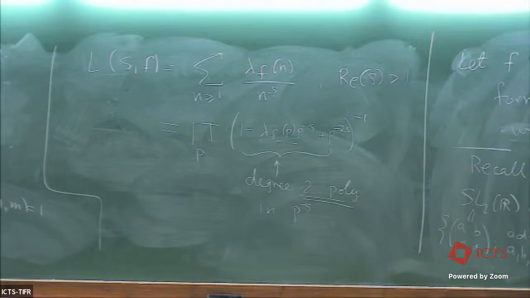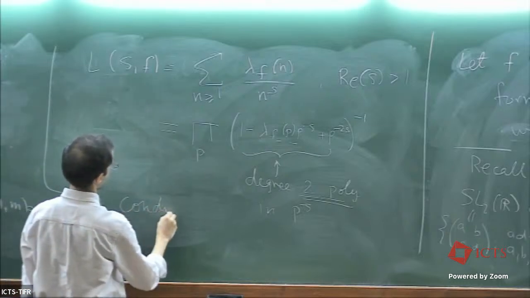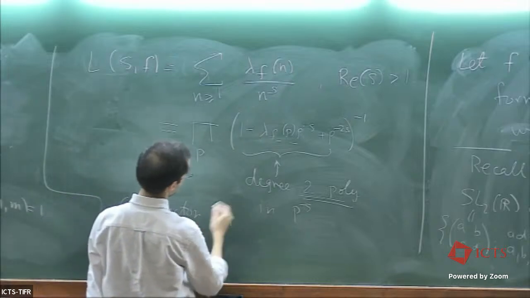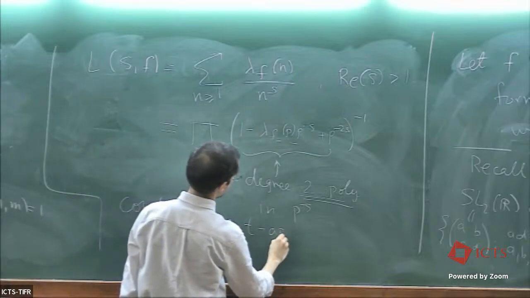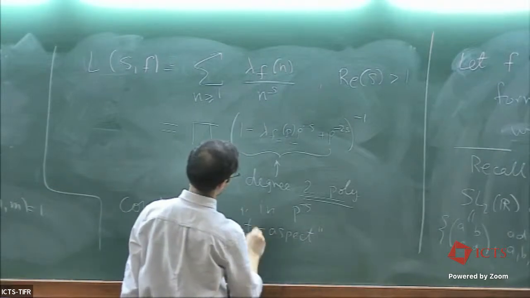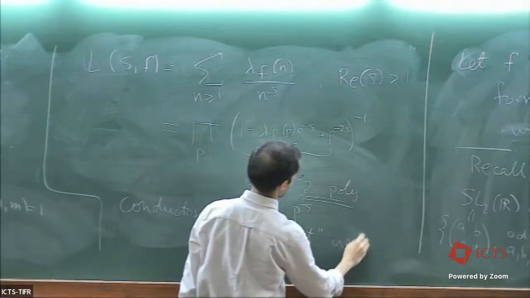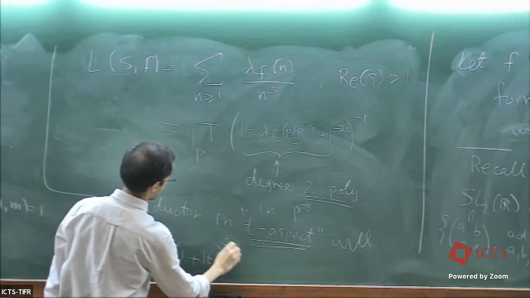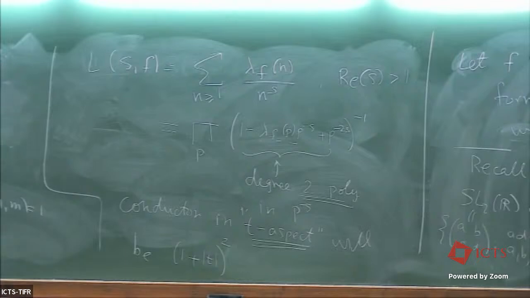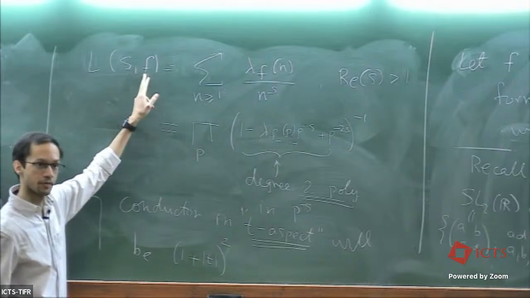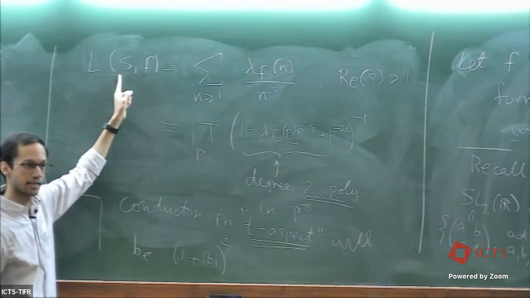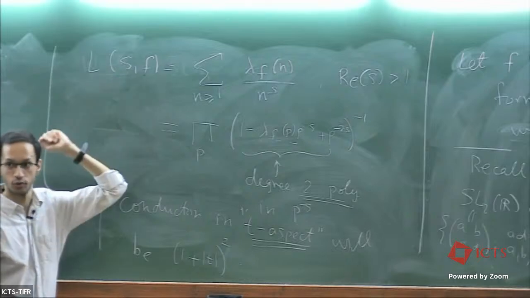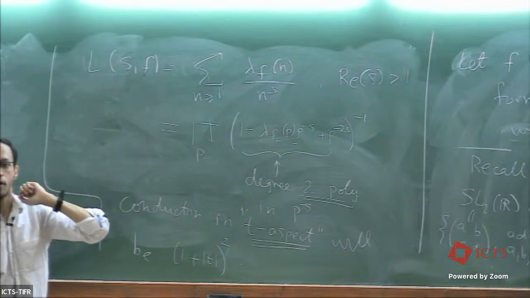So we can also associate a conductor to the L function. The conductor, and let me be careful now, in t aspect will be 1 plus t squared. By that, what I mean is that I fix my form f and I just let this parameter t go off to infinity by fixing the real part of s.